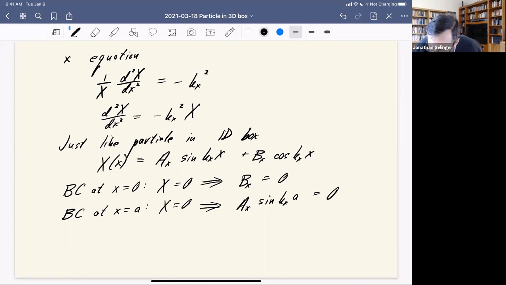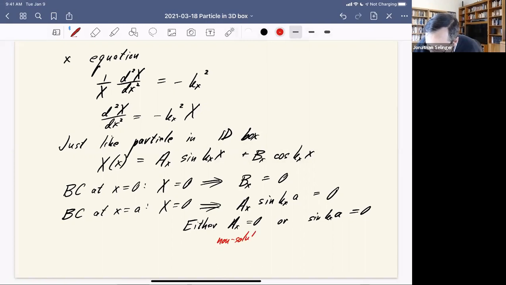So either a sub x equals 0 or sine k sub x a equals 0. But if a sub x equals 0 and b sub x equals 0 also, then our function is just 0. That's a trivial solution, a non-solution: it says the wave function is 0 everywhere.